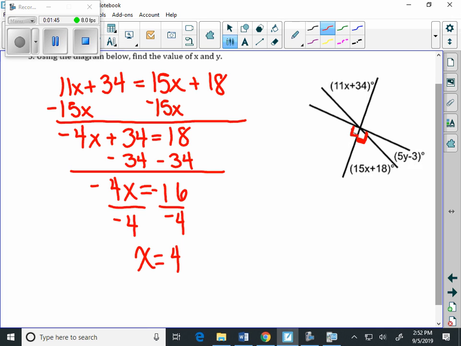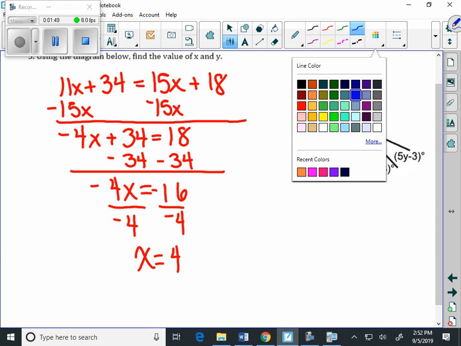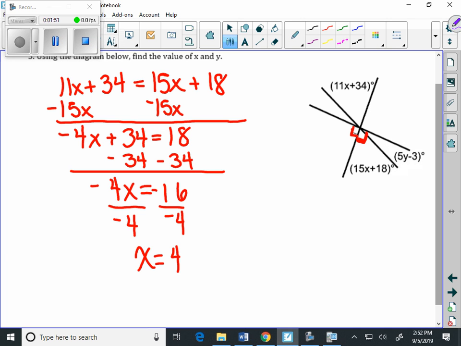Consequently, we can take our values over here of 15x plus 18 and add that to 5y minus 3. And those two angles combine to be a right angle.